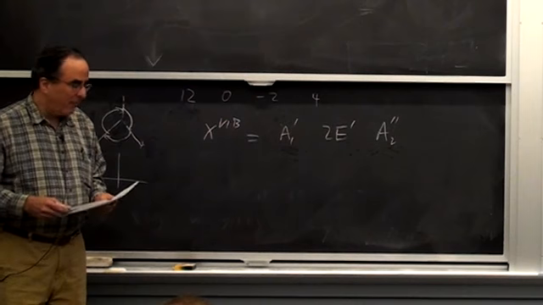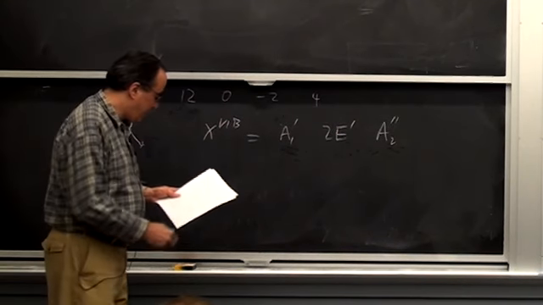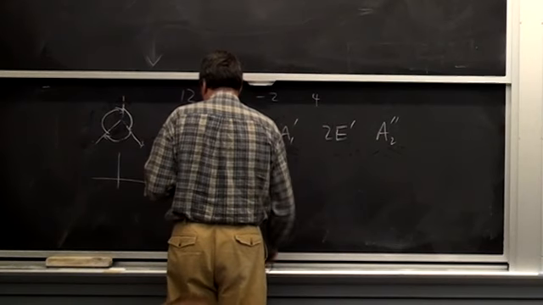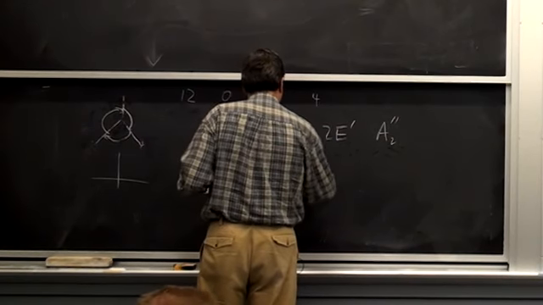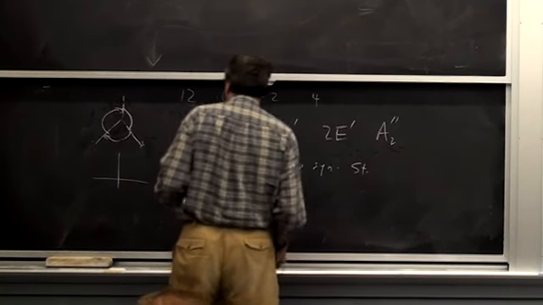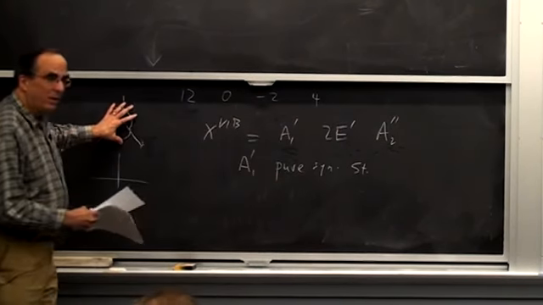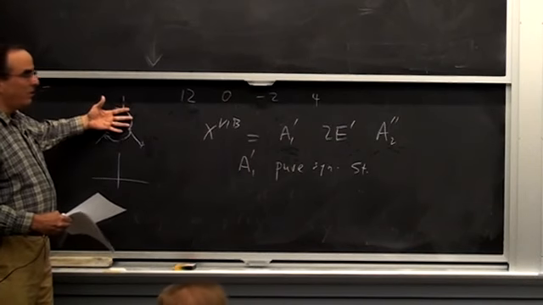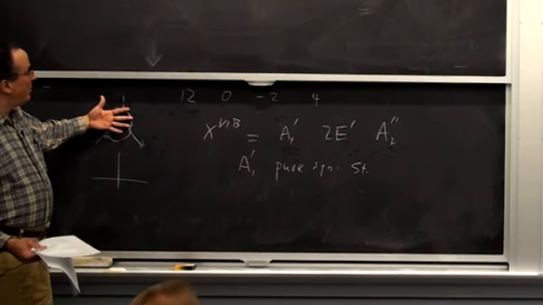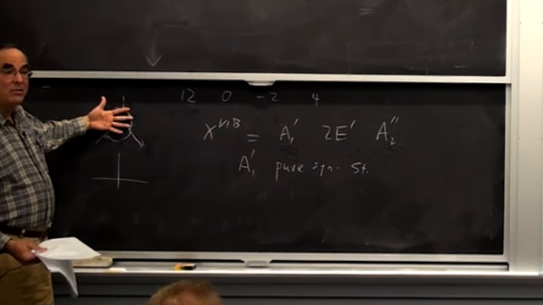And so once we have sorted things out, in this case A1 prime is a pure symmetric stretch. Well, that's pretty obvious because you can look at that and say, well, that's got to be totally symmetric. What's harder to say is that that's all it could be.